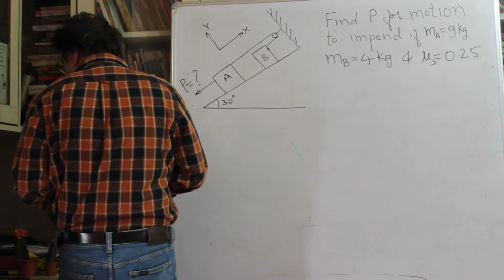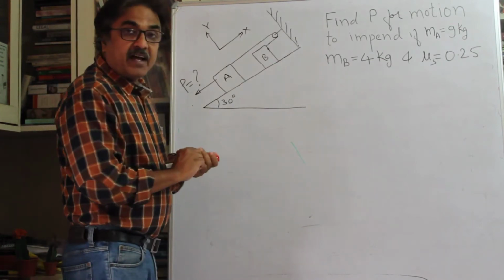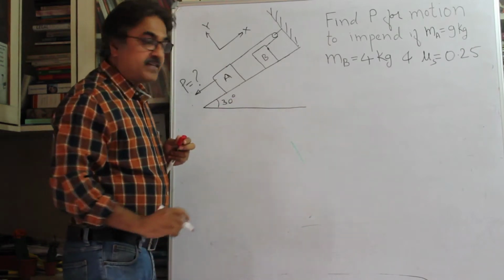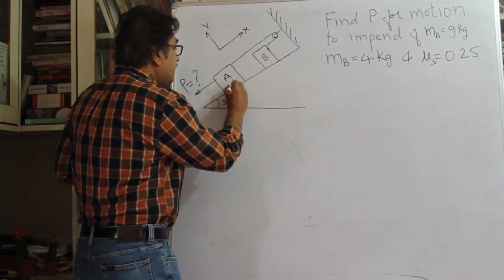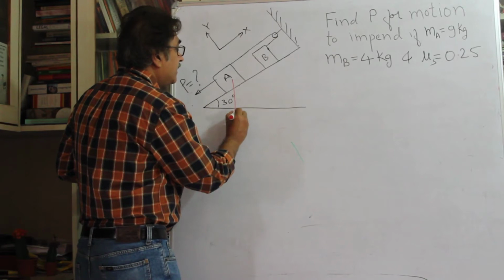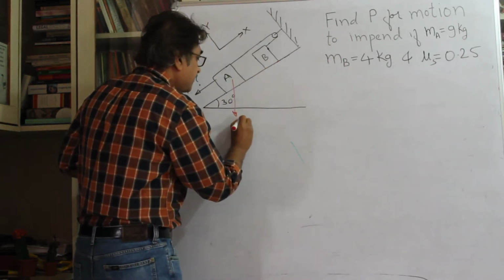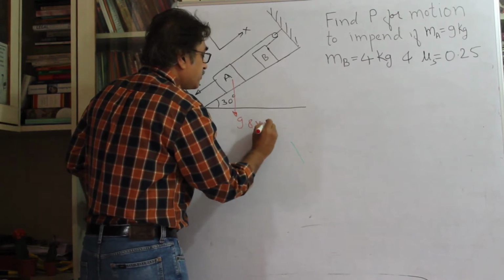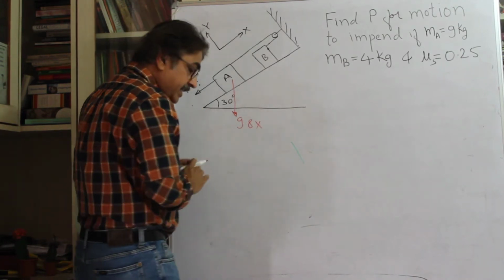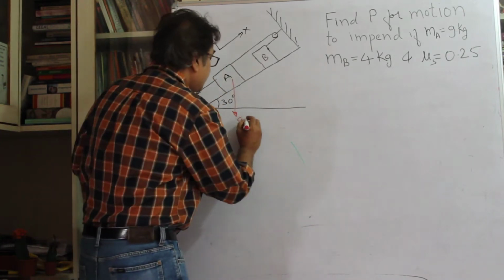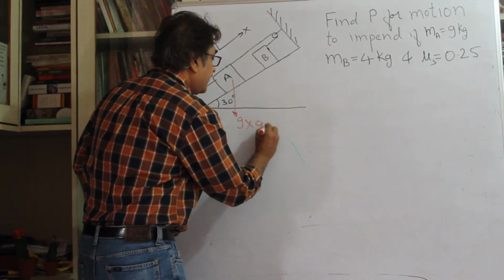Now in case of body A, there is going to be weight, and that weight will be acting perpendicular to the horizontal surface, right? So this is going to be the weight of A, that means it is 9 into 9.8 Newton.